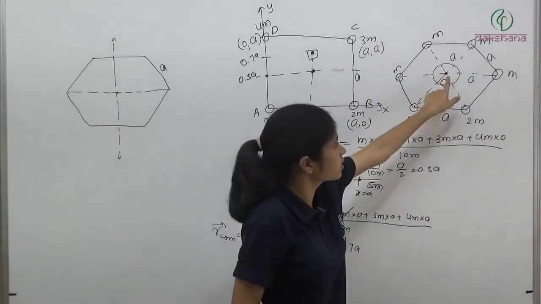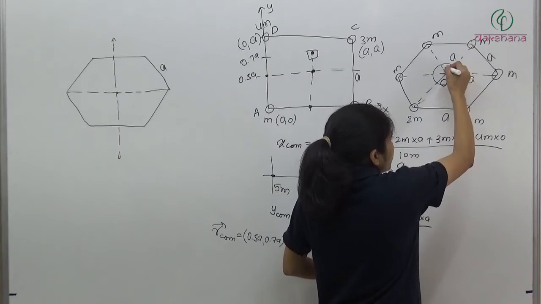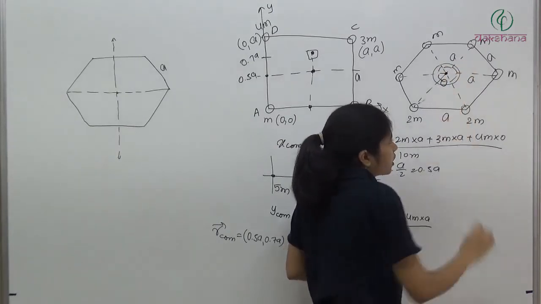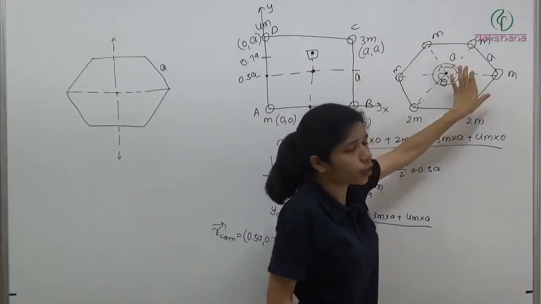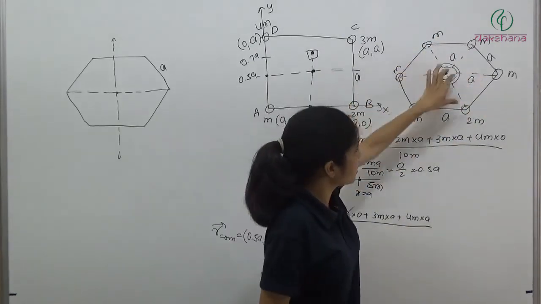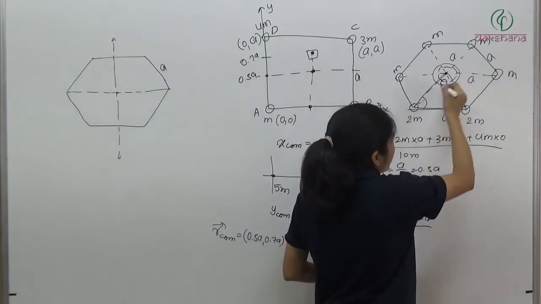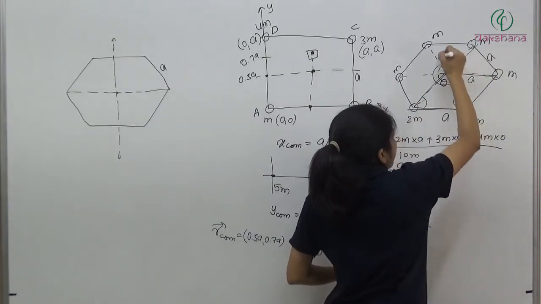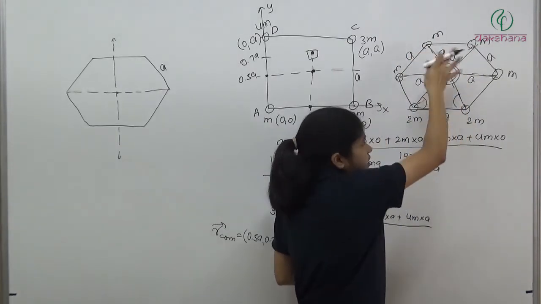If we divide 360 into 6 parts, every angle is going to be 60. Clear? All the angles are 60, and these lengths are going to be the same because it is a regular hexagon. So all the triangles are equilateral triangles. If this side is A, all the sides are A.